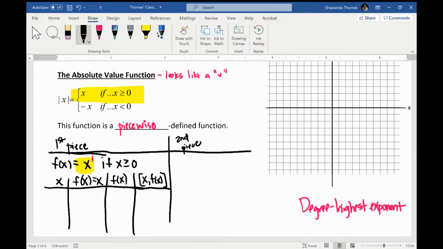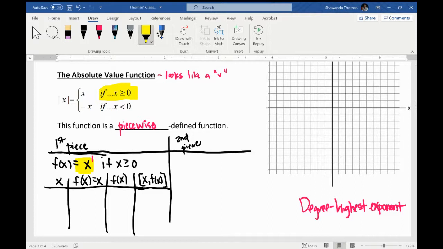What numbers can we plug into this piece? It tells us we can only plug in x values that are greater than or equal to 0. It gives us the criteria for it.